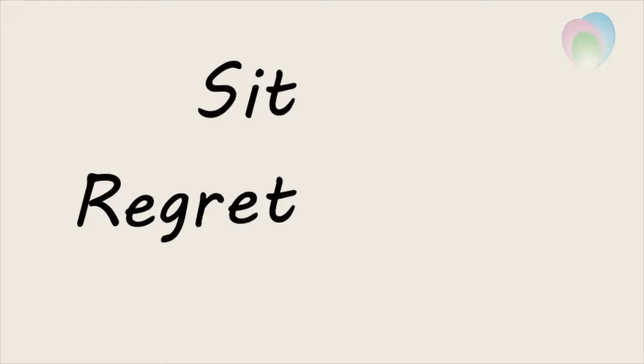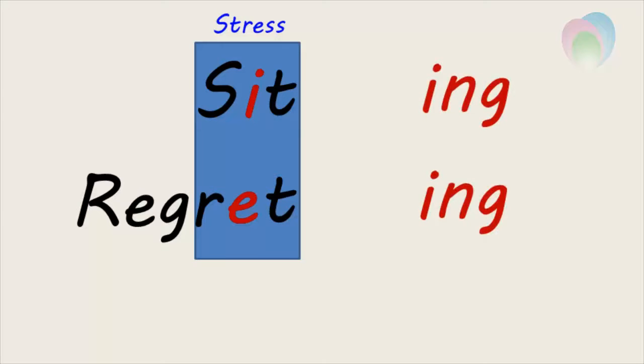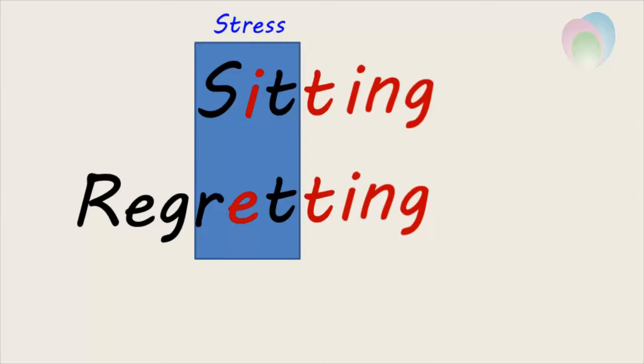When a final consonant follows a short vowel in a stressed syllable, this final consonant is doubled. For example, in the one-syllable word sit, or the two-syllable word regret, the final syllable is stressed, and the final consonant follows a short vowel, so the words sitting and regretting have double T's.